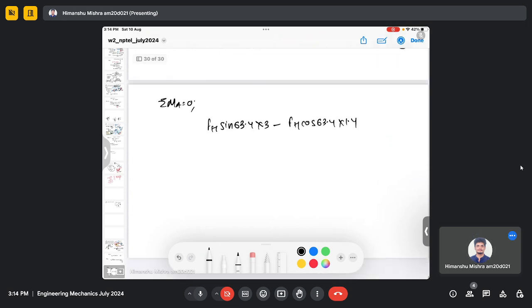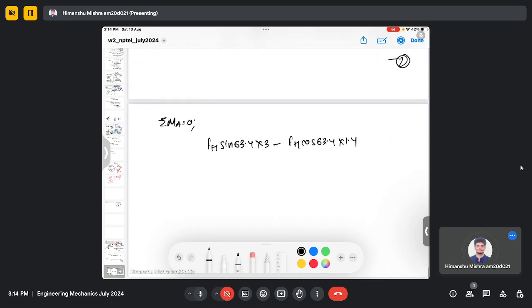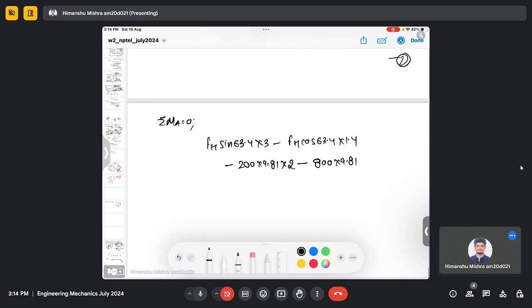So we have minus 200 times 9.81 multiplied by 2 minus 800 times 9.81 multiplied by 2 equals 0. And this is the third equation.